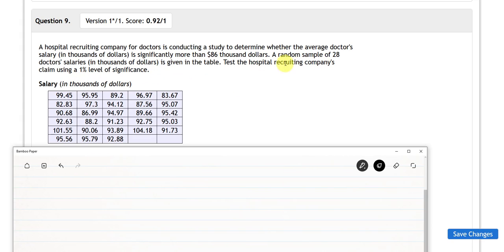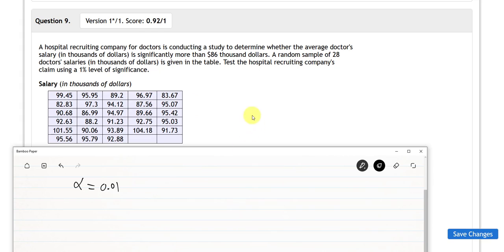So we are looking at the average amount, so that is the mean. So we know that we are looking at the mean of the sample, and then we are given the level of significance alpha is 0.01 because that is 1%. So in this case, the hospital recruiting company is conducting a study to determine whether the average doctor salary is significantly more than, meaning bigger than, right?